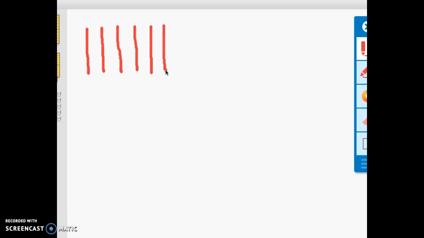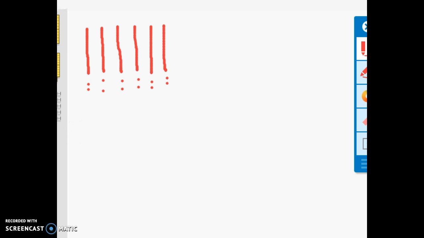Then we will add our dots to represent the 1s, 2 dots on each row. So now we have our 12 rows and then 6 dots in each row.